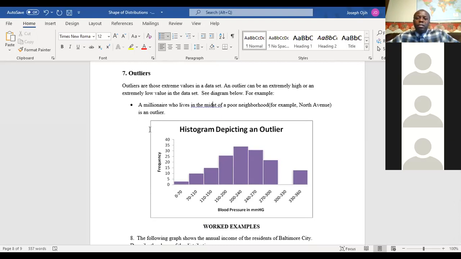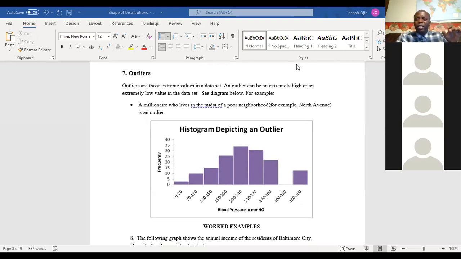How about this? If you go to a low-income neighborhood, I'm going to use Baltimore City as an example, like the North Avenue neighborhood. We have more low income people living in North Avenue.